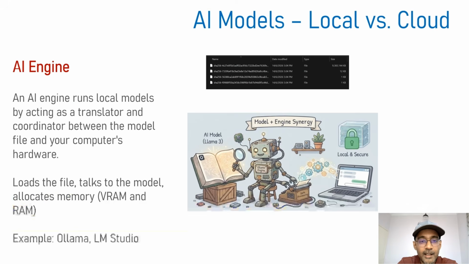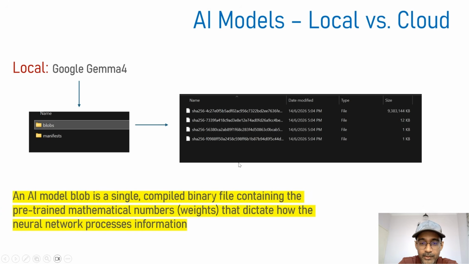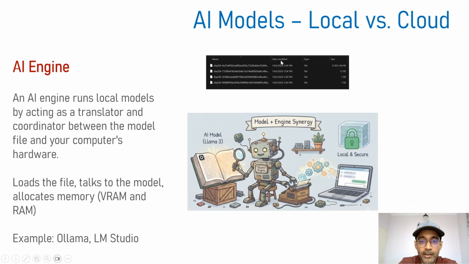So we got the AI model, and this is what is on your PC. In order to access the AI model, we also have to download an AI engine. The model is like the brain, and of course we need something that can interact with the brain. An AI engine runs the local models. It acts as a translator and coordinator between the model and us.